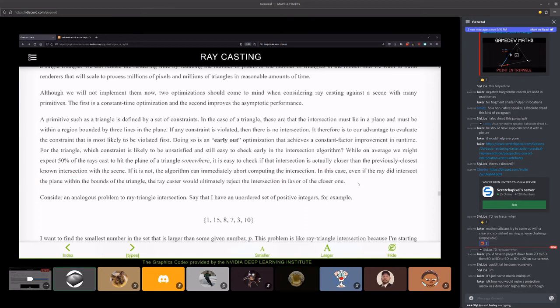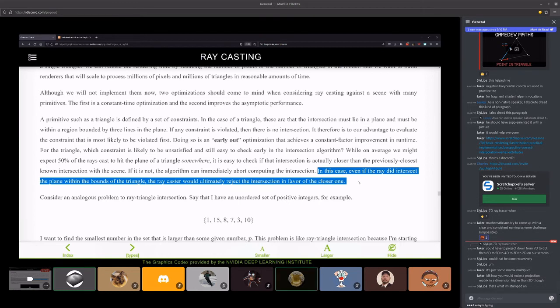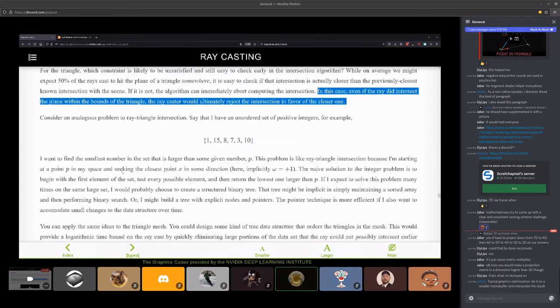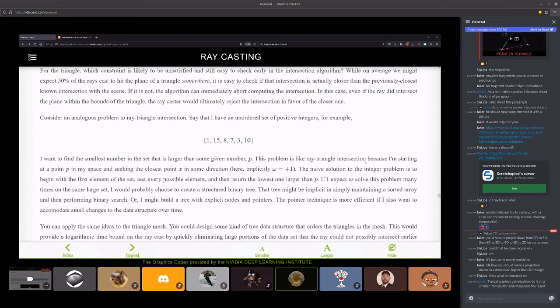We can also improve things by implementing optimizations, like if it's in the wrong direction, we know it's never going to hit.